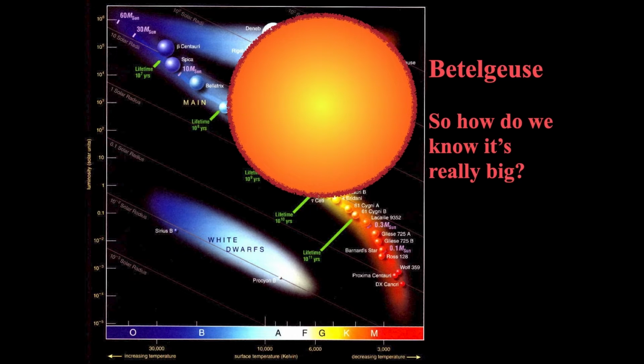So if we have a way of measuring the absolute luminosity somehow, and we know its temperature, which is obvious from the spectrum, then we can determine its radius and determine it's an extraordinarily large star. And that's the Stefan-Boltzmann relationship.